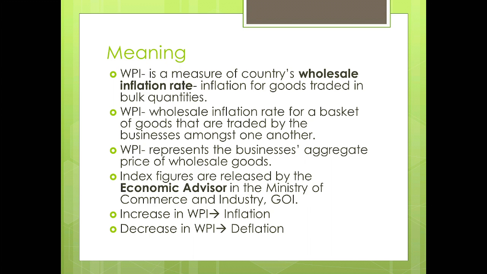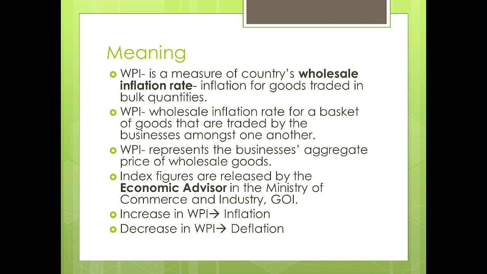Now we know that a wholesaler is a middleman who stands between the producer and the retailer. So he is a person who buys in bulk quantity and resells in bulk quantity. He purchases in larger volume and sells in larger volume. So when we say wholesale price index, we are referring to the cost of the goods that are purchased in bulk and sold in bulk.